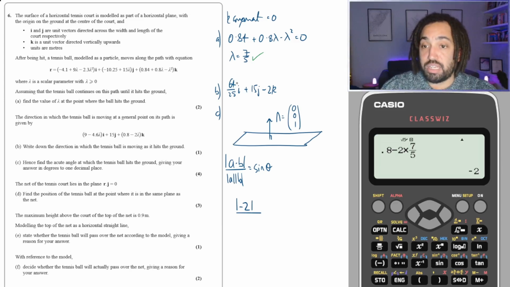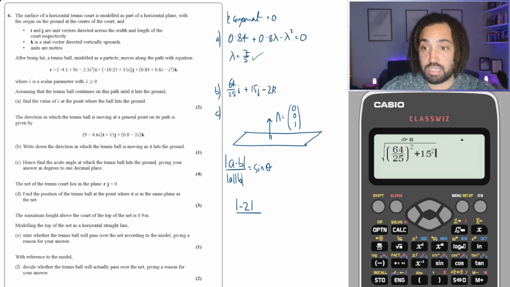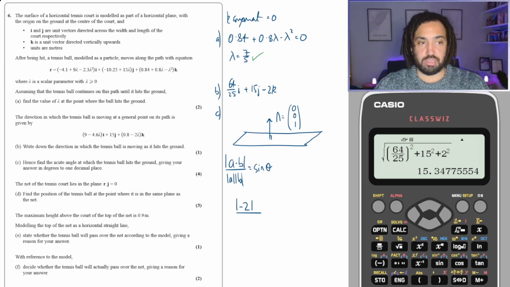And then we need the modulus of a. Okay, so I'll need to do that one on my calculator. So it's the square root of 64/25 all squared plus 15 squared plus 2 squared, and that's 15.3. Okay, that's useful.